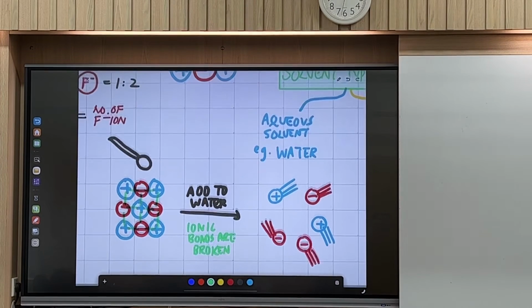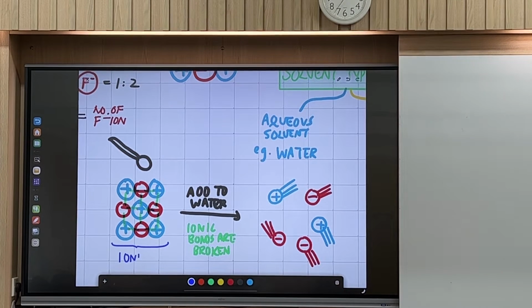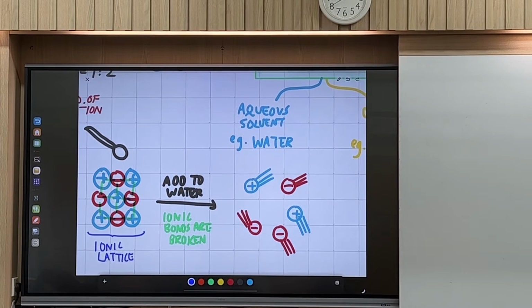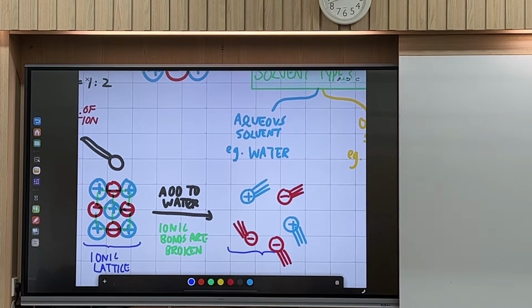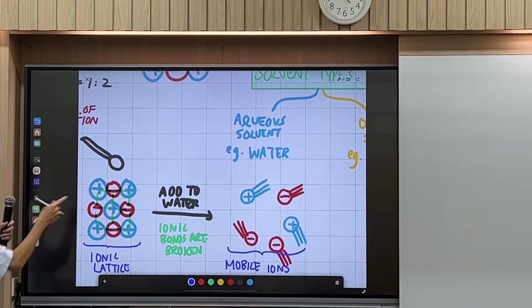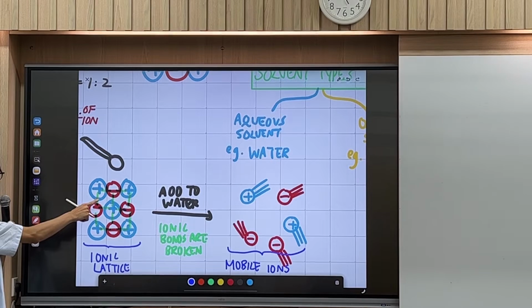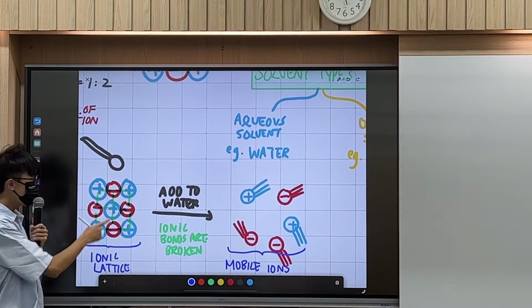So what do we call this structure on the left again? Ionic lattice. What do we call the ions that have a very great degree of freedom now on the right? We call them mobile ions. Mobile because they can move around freely. They are not limited to one position anymore. You can't use the word mobile to describe these ions. They are fixed in position.